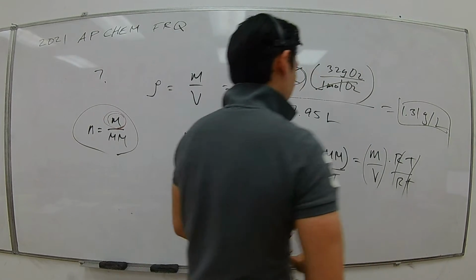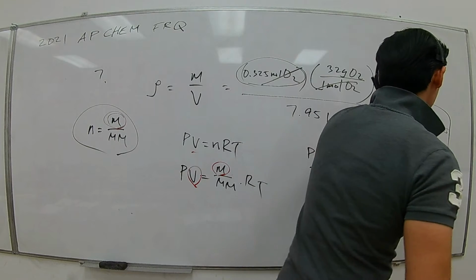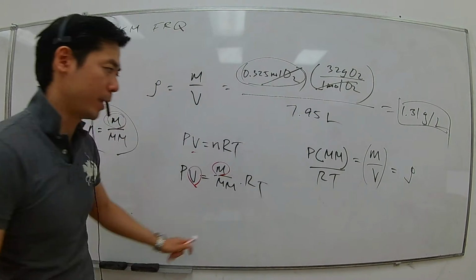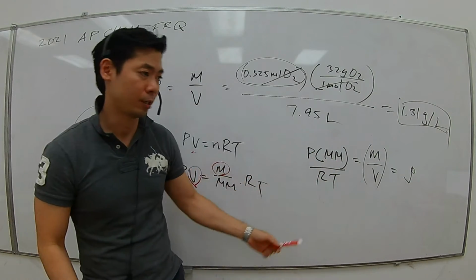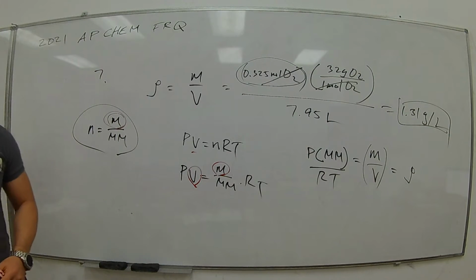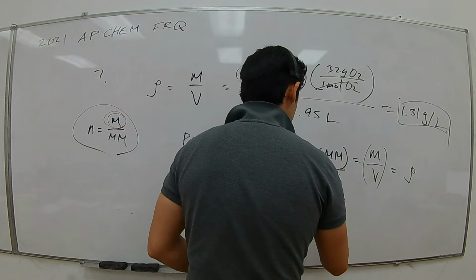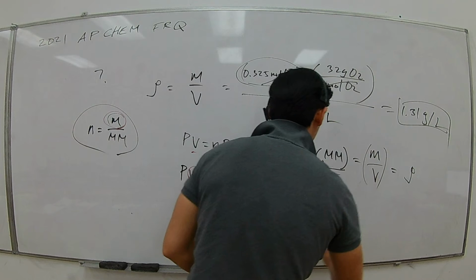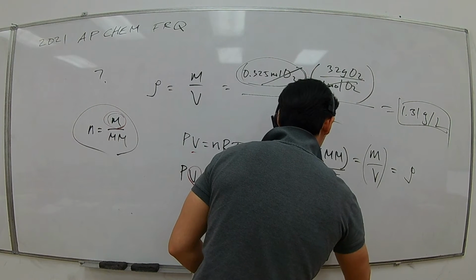So this becomes the equation, guys, for the density of an ideal gas, which equals pressure times the molar mass of the gas, divided by RT, where R is the gas constant and T is temperature. If you plug in the values they provided: pressure is 1 atm, molar mass of O2 is 32, divided by 0.0821 for the value of R, and temperature is 298.